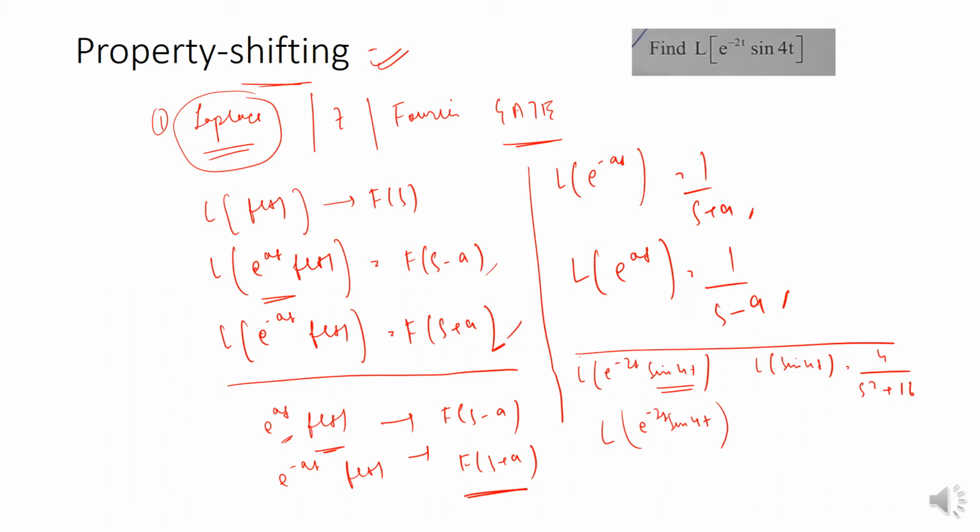Wherever you have s, Laplace transform of sine 4t is 4 by s square plus 16. You are multiplying with e power minus 2t, so what do you do? The answer is 4 by, wherever you have s, you replace it with s plus 2, whole square, plus 16. This is the answer.